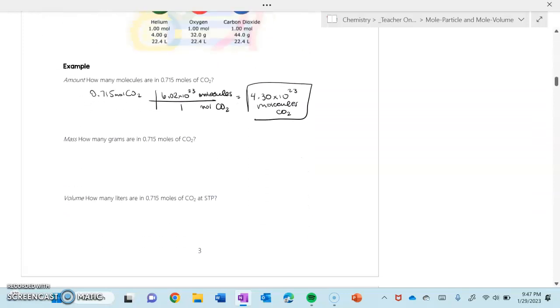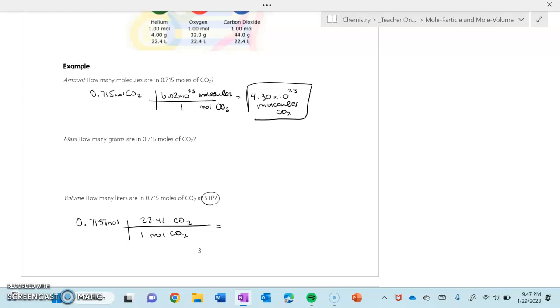So let's do the volume example here, which is our third one. How many liters now of gas are in 0.715 moles, same amount of carbon dioxide? So now this time, since it does say at STP, we can use our volume conversion factor. So we always have 22.4 liters of a gas.